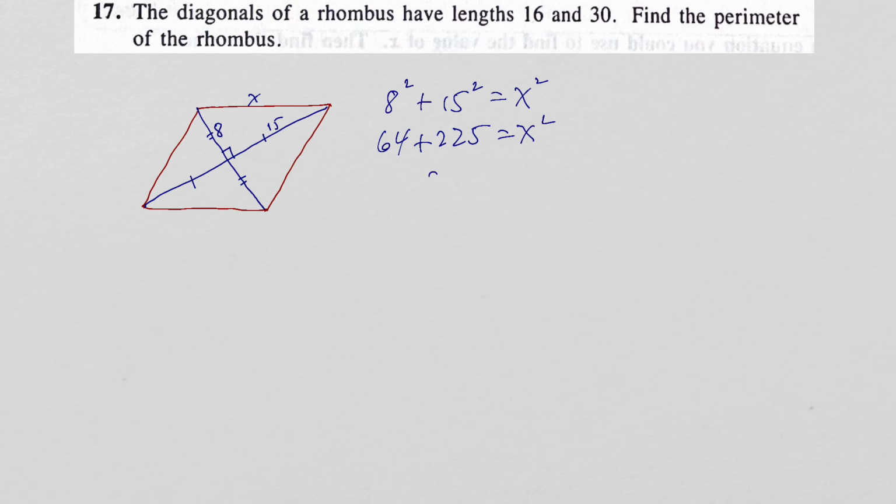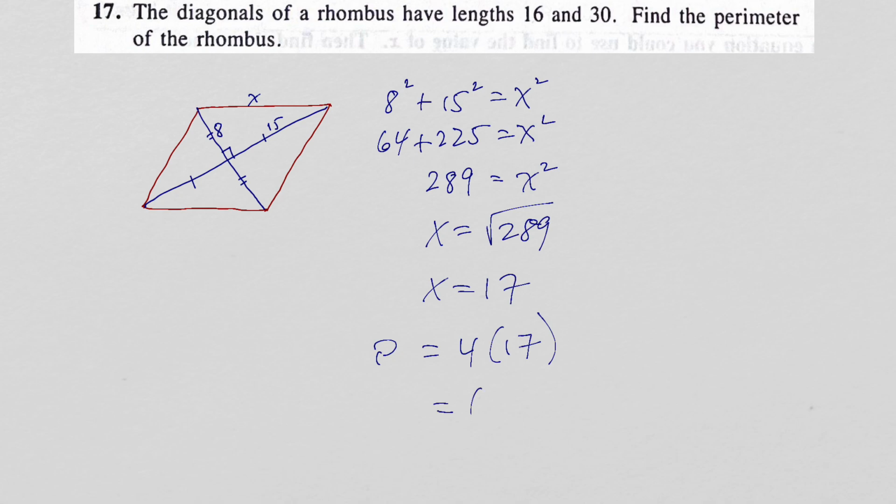So this is 289 is equal to x squared. So x is the square root of 289, which is 17. And if all 4 sides are the same, then the perimeter is 4 times 17, which is 68.